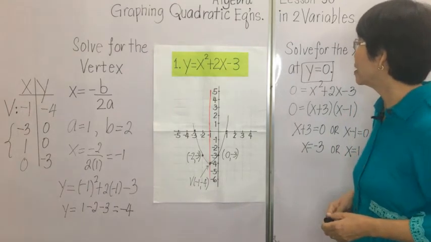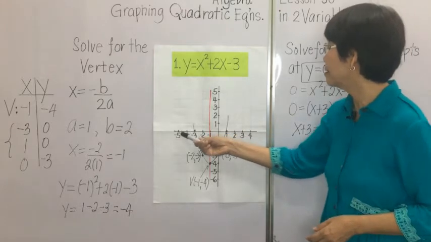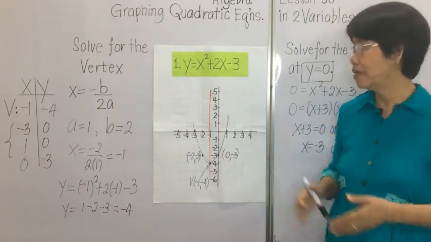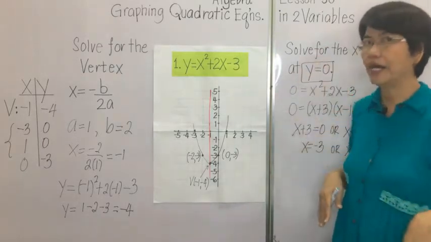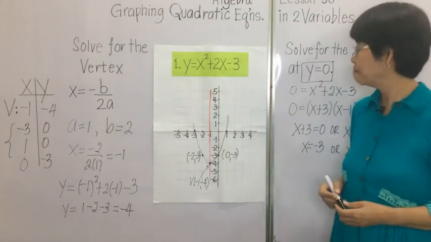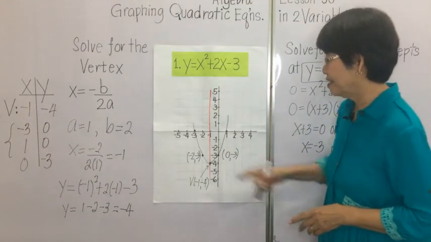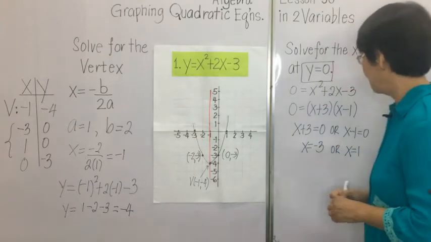If you add more points, like if you add x is equal to 2 and x is equal to negative 4, you will have a point on the higher part of the coordinate system. So let's try at x is equal to negative 4.